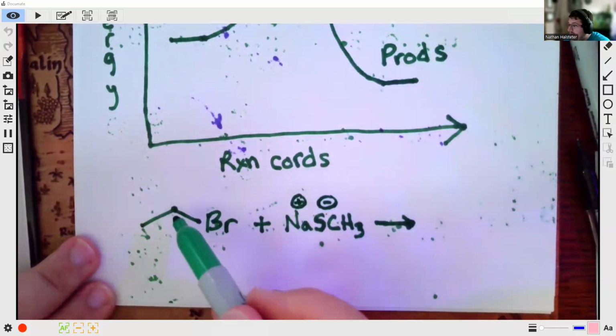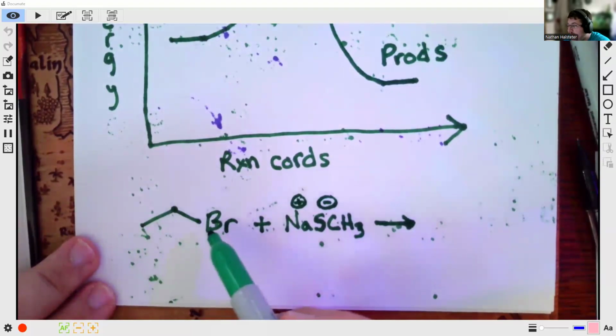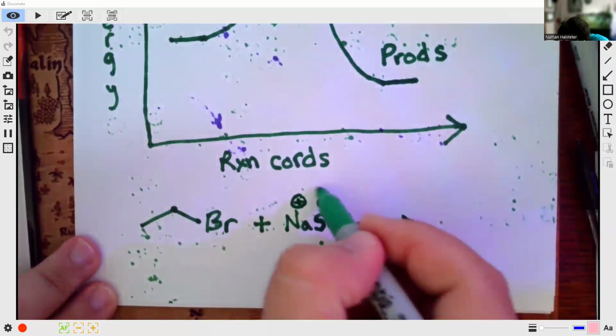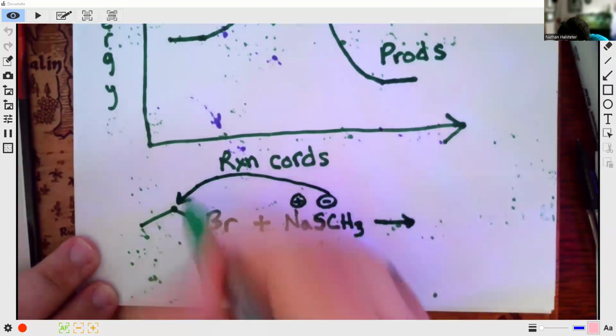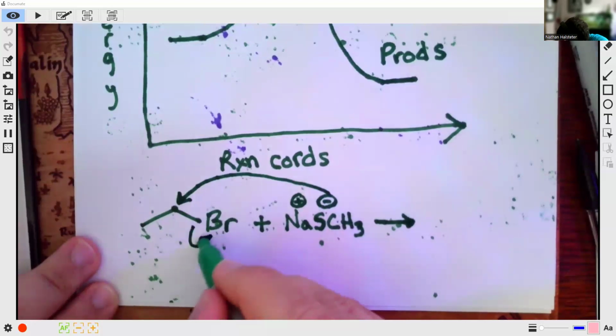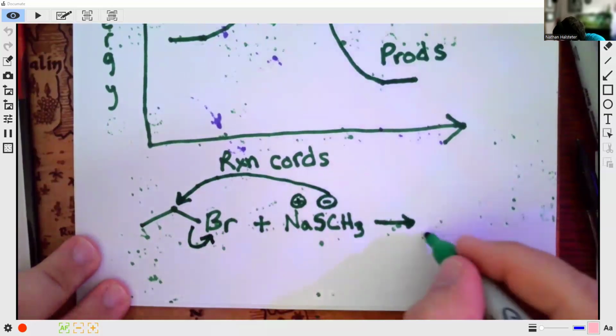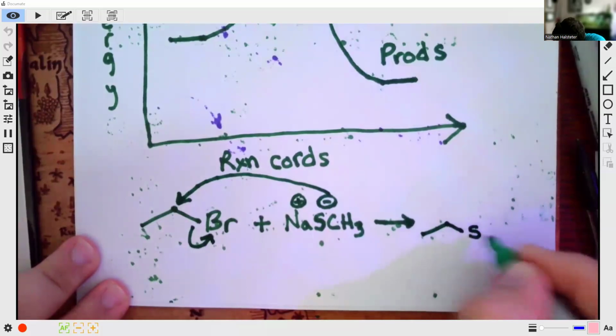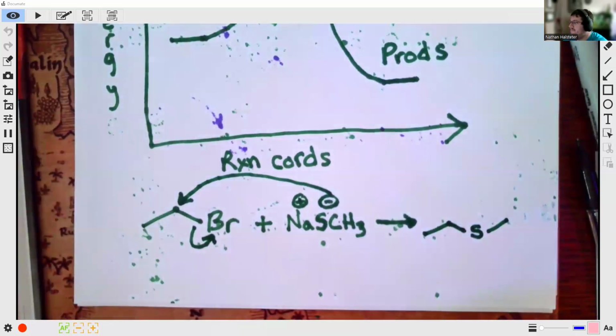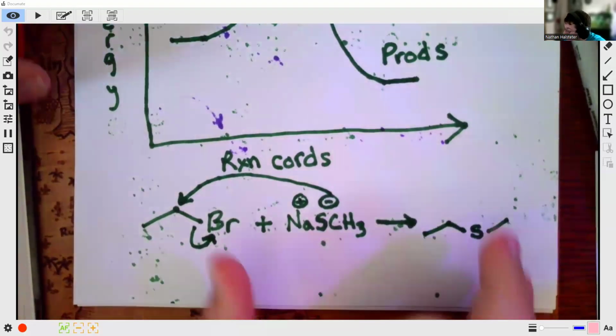We have our electrophilic carbon here because of the dipole between the bromine and the carbon. This can attack, kick out our leaving group, and then our product would look like that. Okay, so now with my pencil, because space, let's put these in the places where they belong.